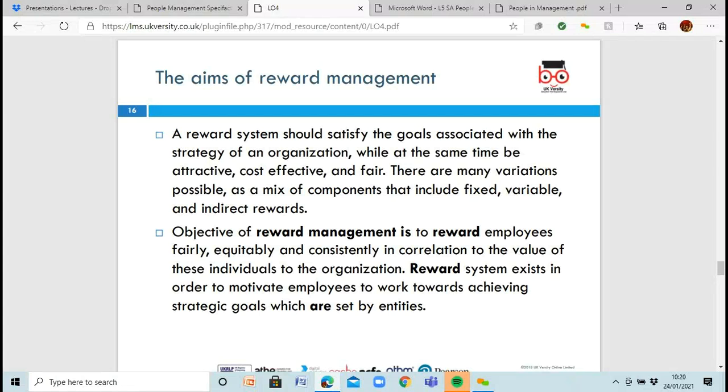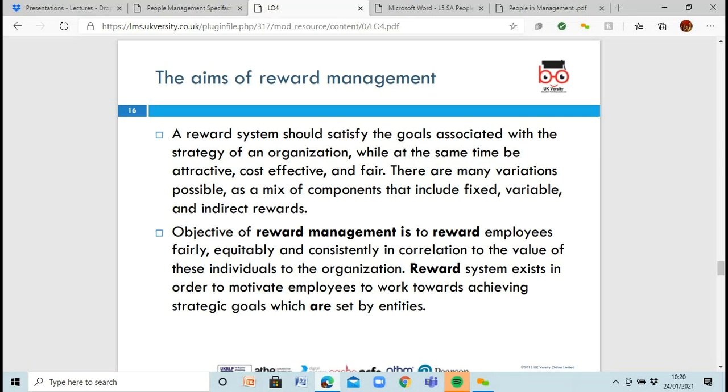But then we have the aims of reward management. So, like yesterday, we talked about incentives and rewards. So this is carrying on from there. So a reward system should satisfy the goals within the strategy of the organization. So it should be an attractive reward, it should be cost effective, but it should also be fair. So there can be quite a few variations of these awards.